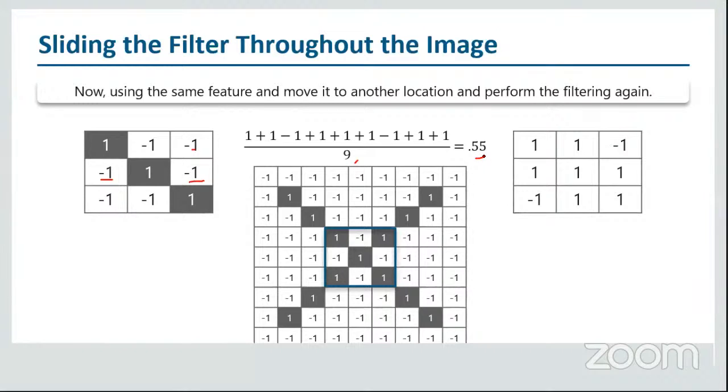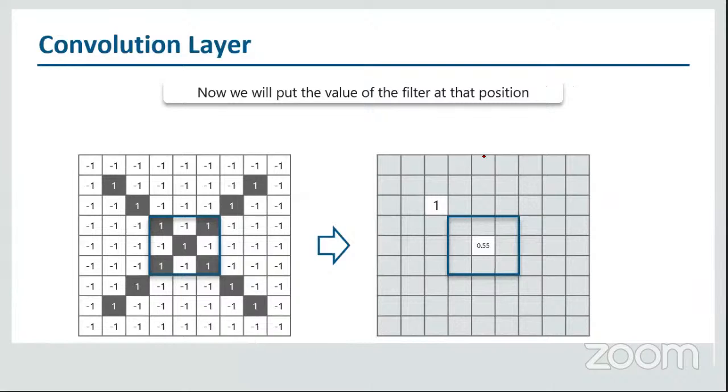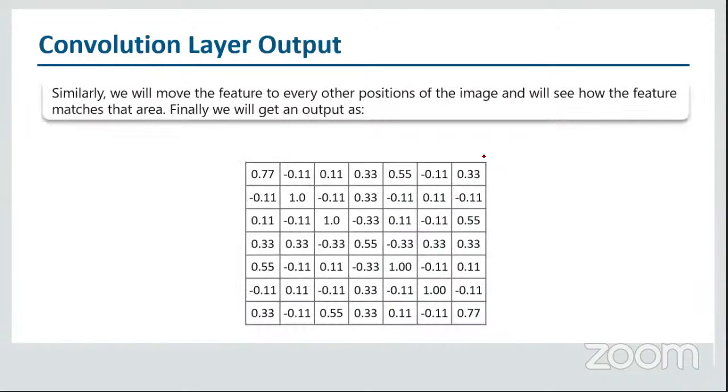0.55. Now, I repeat this approach and put 0.55 into the center. After we do this, I reposition everything, and I get a convolution layer output, which means for my entire matrix, I get the values. So if you see my 0 cross 0, this is the 0th row, 0th column, right?